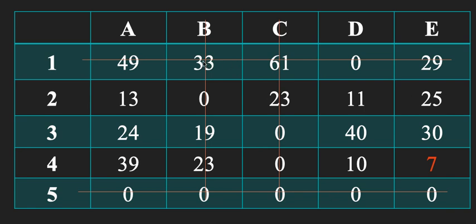Now you see the intersection is here, here, here and here. We are going to add this 7 at all these places wherever these lines are intersecting, and these covered elements will remain the same, along with these also, because they are covered.